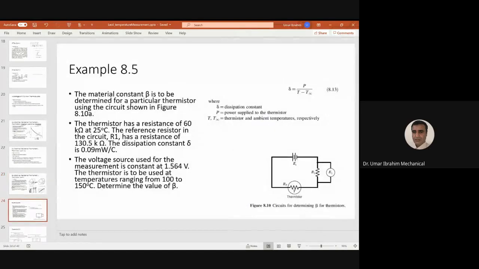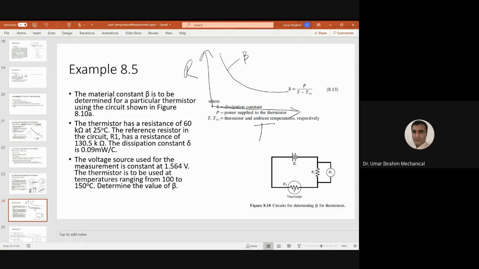Okay, the material constant beta is to be determined for a particular thermistor. In the first few slides we discussed that even a single thermistor has a beta value. So if this is a calibration curve of a thermistor, this is temperature and this is R value, and there is a constant beta.